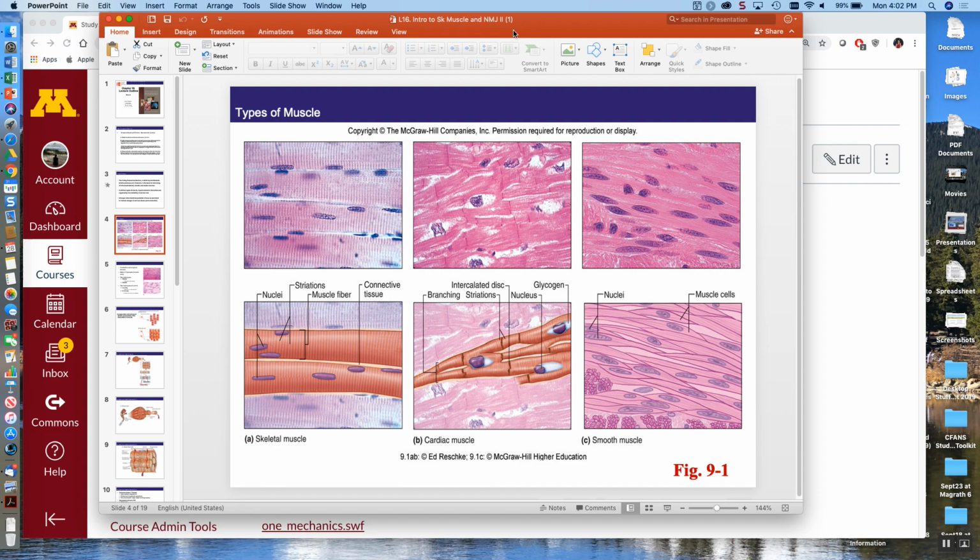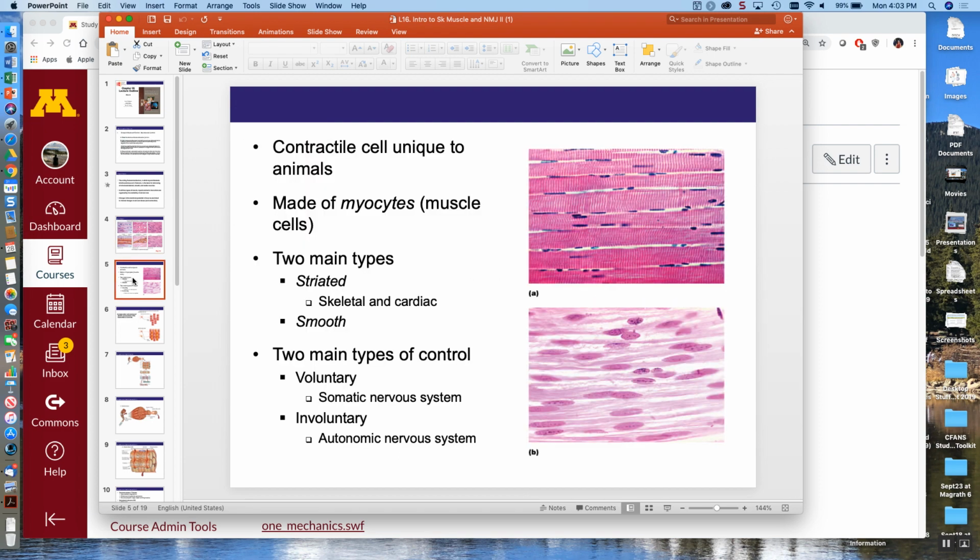By definition, they are defined from Z-disc to Z-disc. And I'll show you that in just a little bit. But I want you to take a look at these micrographs, these images. You can actually see the striations give it kind of a striped appearance. And both skeletal muscle and cardiac muscle are striated muscle. Smooth muscle are not. So we'll get into the details a little bit later.